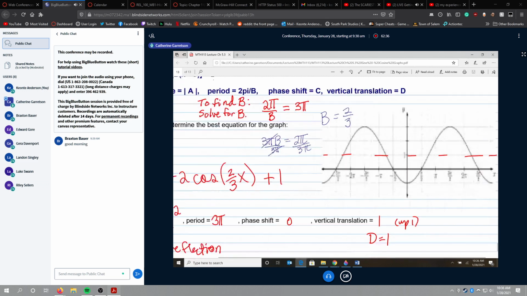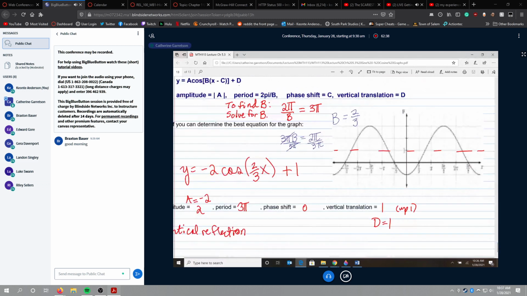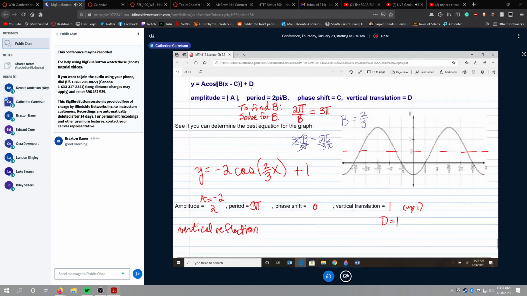So now we know it's going to be a cosine. Let's start with the amplitude. If you put a horizontal line through the middle of the graph, such that half of it goes up and half of it comes down, counting the blocks from the middle up should be the same as from the middle down. That's your amplitude.